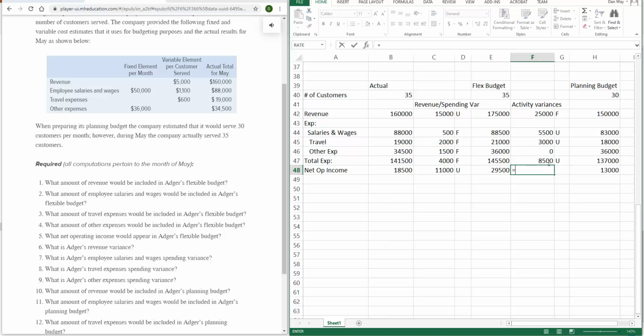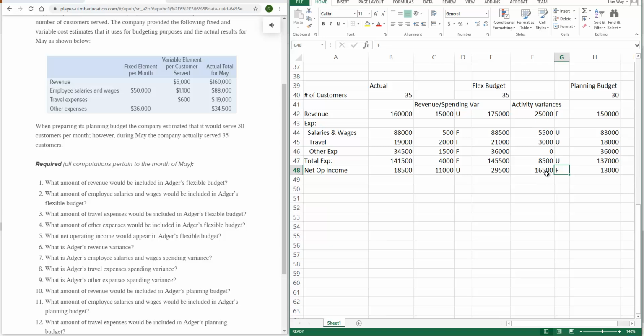And then again at the net operating income line, 29,500 in the flex minus the 13,000 in the planning budget, and that 16,500 is favorable. Right, we had a $25,000 favorable activity variance at the revenue line minus the 8,500 unfavorable at the expense line, and that would net out to a $16,500 favorable variance at the income line.